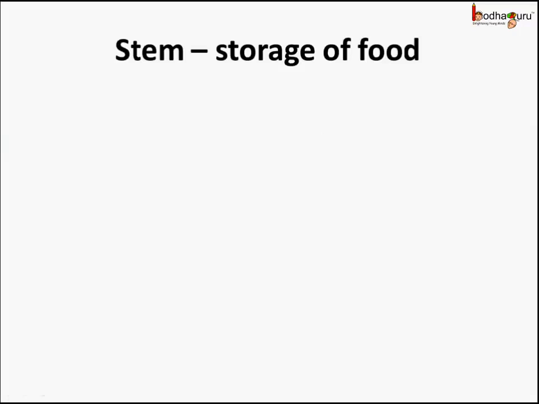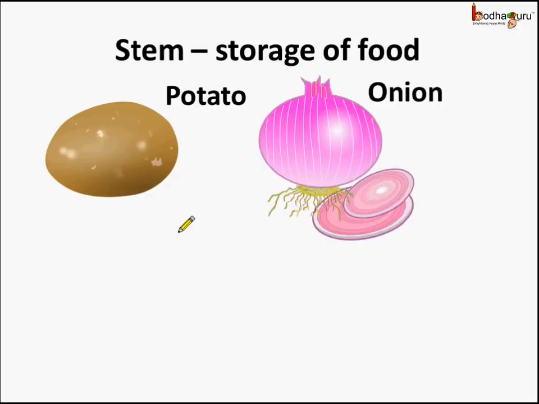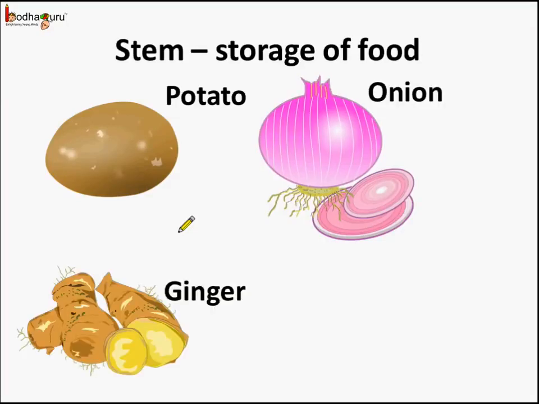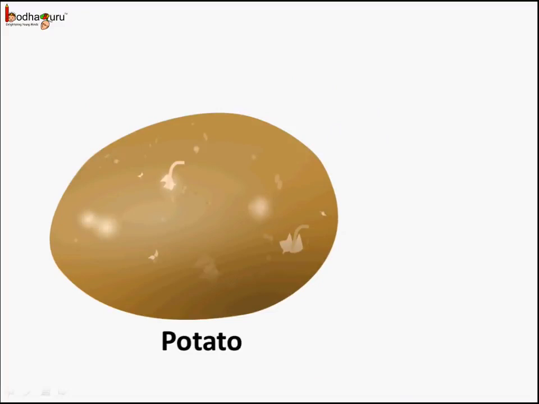Next, in certain plants, the stem acts as a storage organ and stores the extra food. For example, in case of potato, in case of onion, and in the case of ginger and garlic too. Let us see how. In case of potatoes, we see eyes.